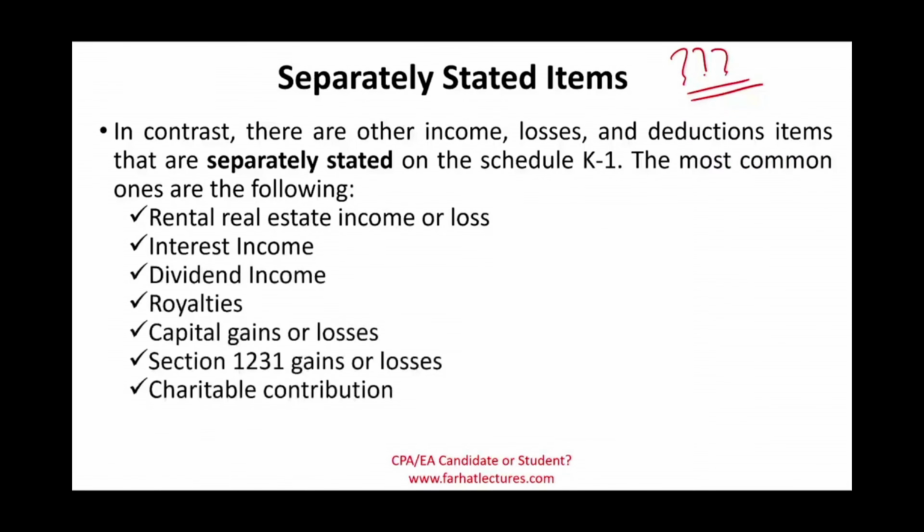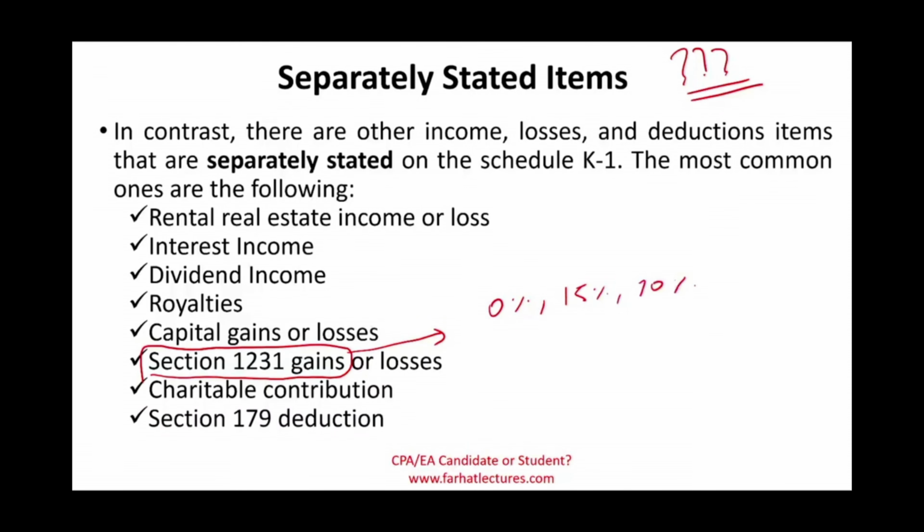Well, here are the separately stated items. I'm going to use the example of Section 1231 gains. What do we know about Section 1231 gains? Section 1231 gains can be taxed at 0%, 15%, or 20%. Why is that important?